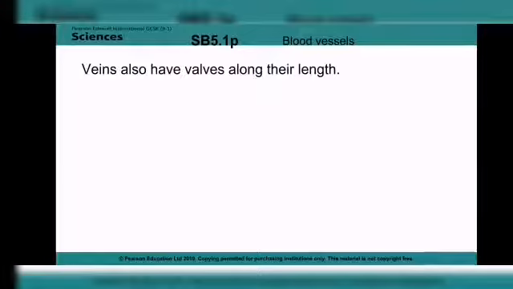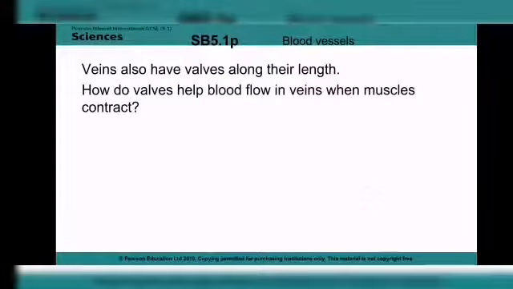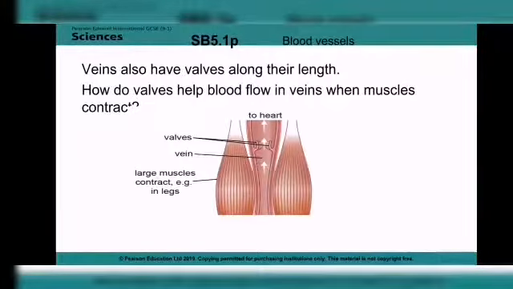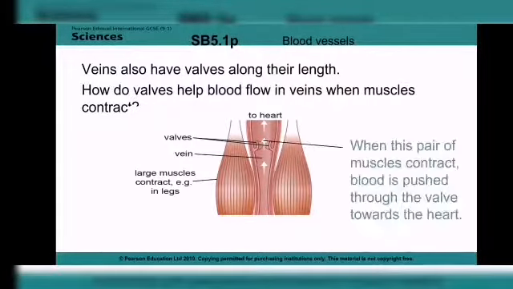Veins also have valves along their length. How do valves help blood flow in veins when muscles contract? When this pair of muscles contract, blood is pushed through the valve toward the heart. I talked about these muscles.